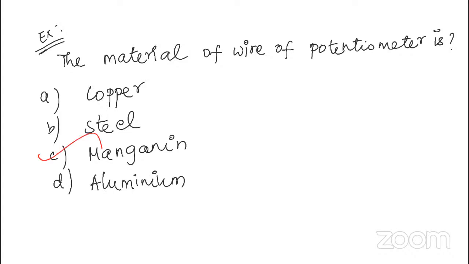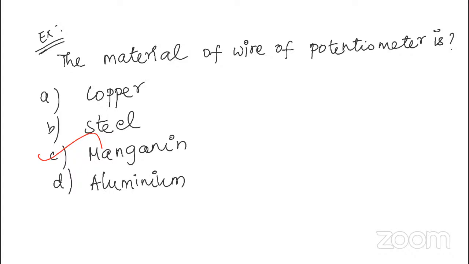Then one more material is used. Does anybody know? To make the potentiometer wire we use one more material, one more metal. Can you tell what metal it is? Try and let's see. Okay, I will tell you.